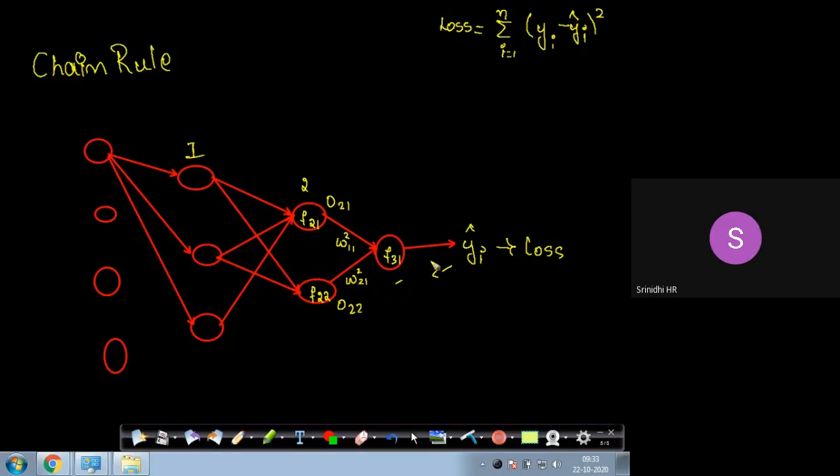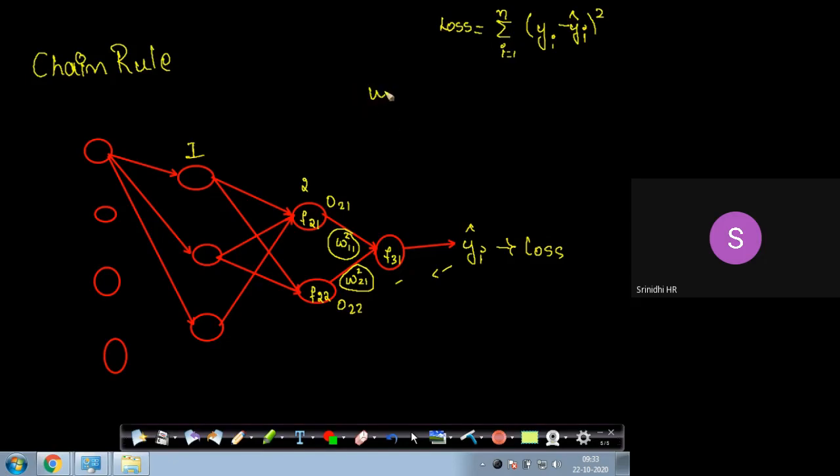There is a loss. I want to update this particular weight, and also this particular weight. Let's see how we will update this weight. What is the formula that I am having?